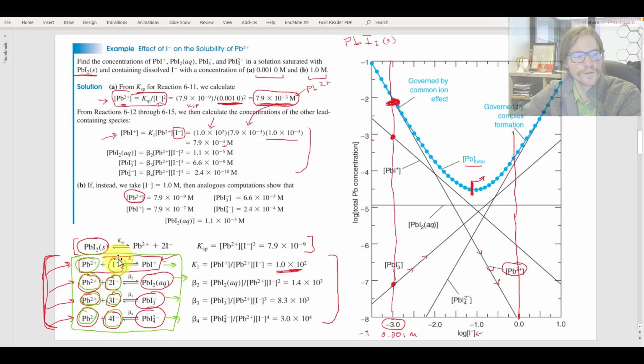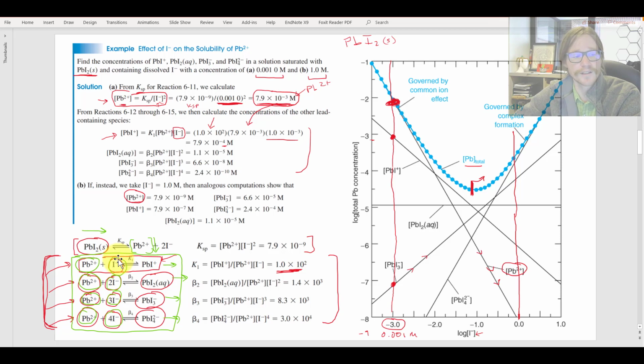By using up that lead 2+, it's decreasing the lead in the system, which is the same lead that is in the original Ksp expression. So that goes down, and if that goes down, then this equilibrium also shifts to the right, which means we have less PbI2, or lead iodide solid, in the system.